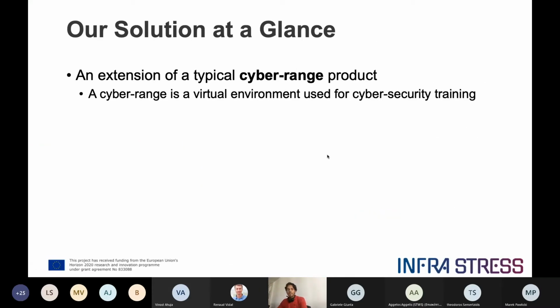So let me present our solution at a glance. Our solution is an extension of a typical cyber range product. What is a cyber range? Maybe most of you already know about it. It is a virtual environment that is usually used for cybersecurity training.